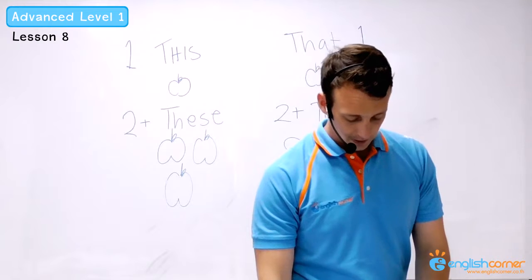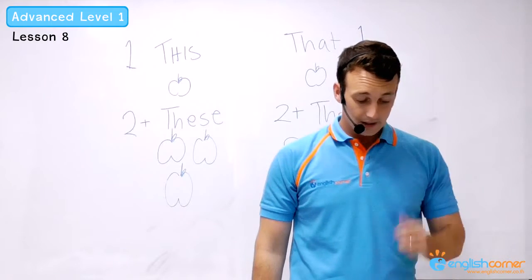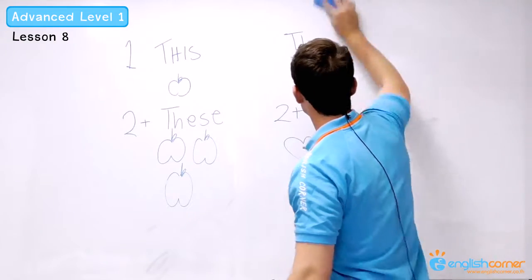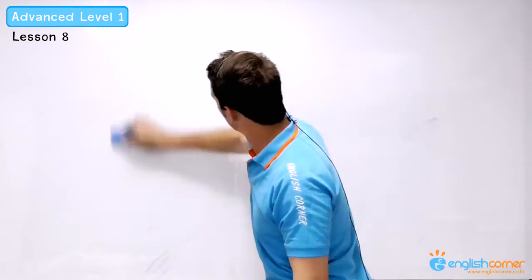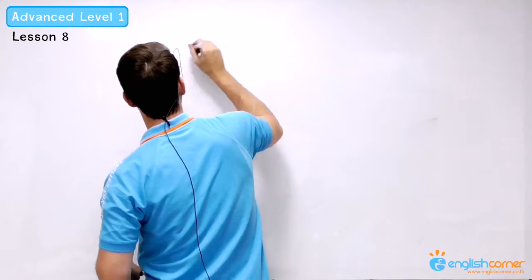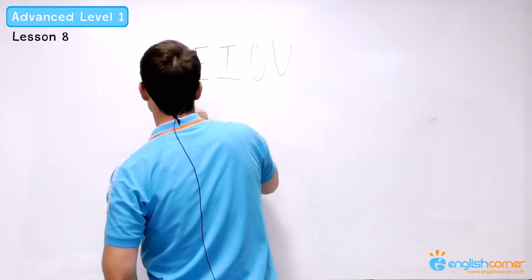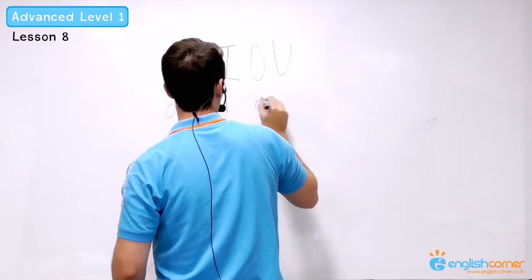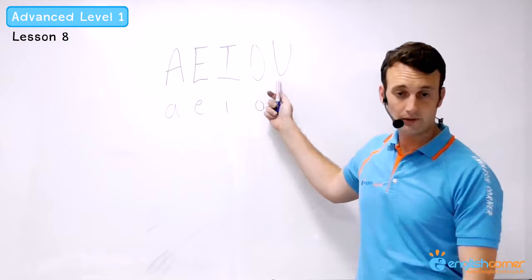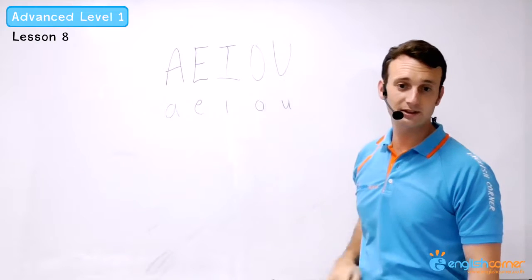And then the final thing before you move on, you want to explain the difference between a vowel and a consonant. So take a look at this. Okay, these are vowels. A, e, i, o, u.